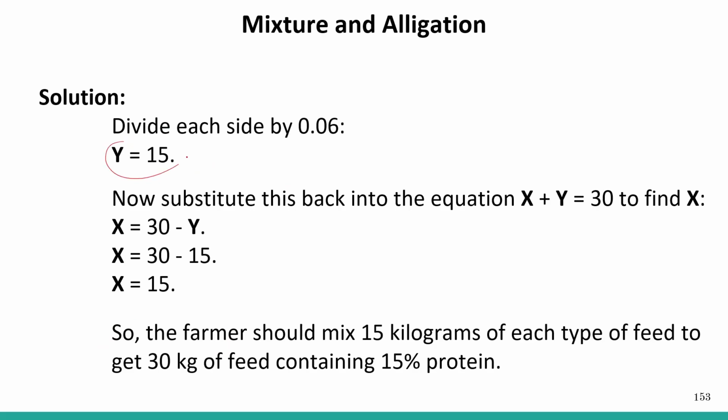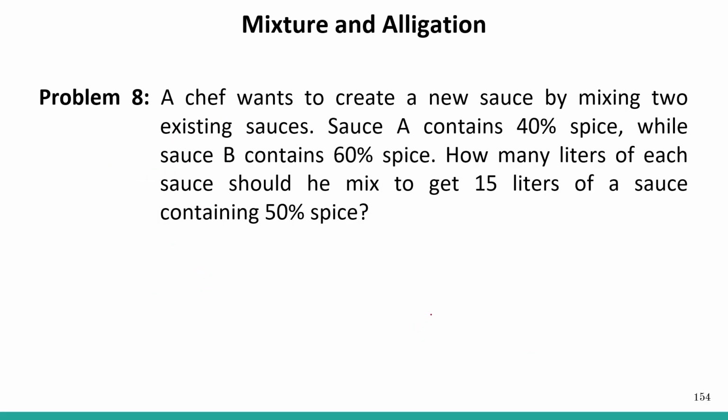So y must be equal to 15. So x is equal to 30 minus y, so 30 minus 15 is equal to 15. So the farmer should mix 15 kilograms of each type of feed to get 30 kilograms of feed containing 15% protein. So let's go forward and see problem number 8.